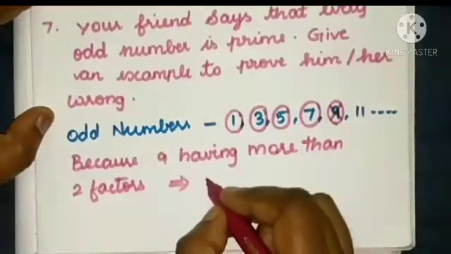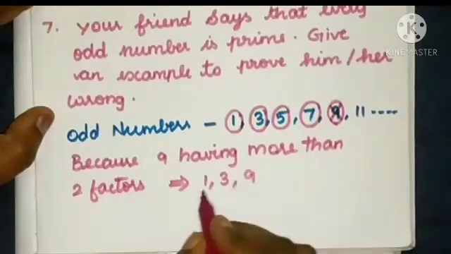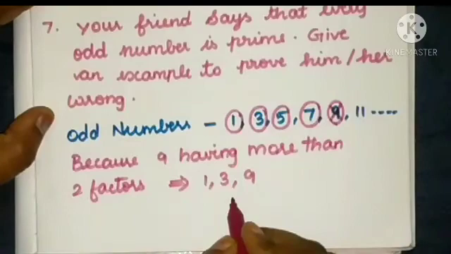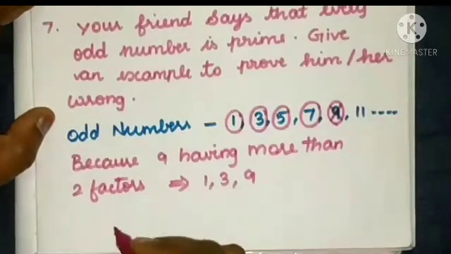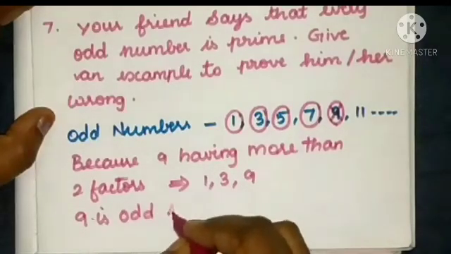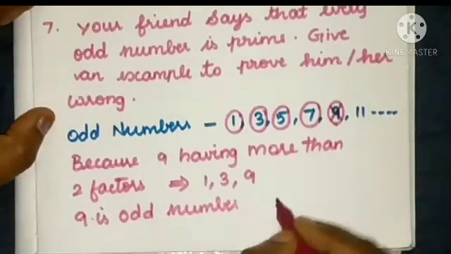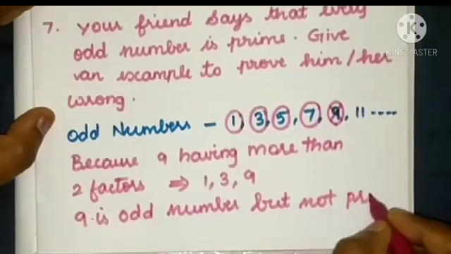That is 1, 3, 9. More than two factors. So 9 is an odd number but not prime.